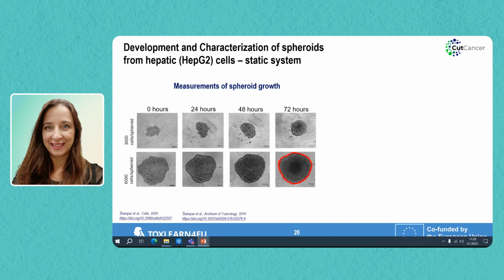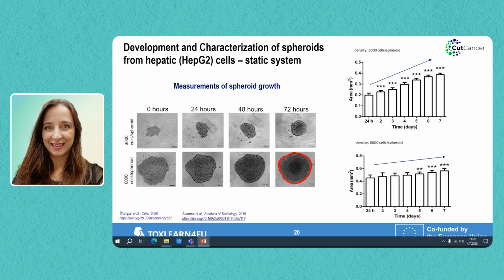By this, we monitor the growth of the spheroids. And you can see that in small spheroids, we have a nice growth up to 7 days. In larger ones, there is growth, but it's not so steep. Now you see that the spheroids grow, but they are denser. And already in the middle, you can see that there is something happening.